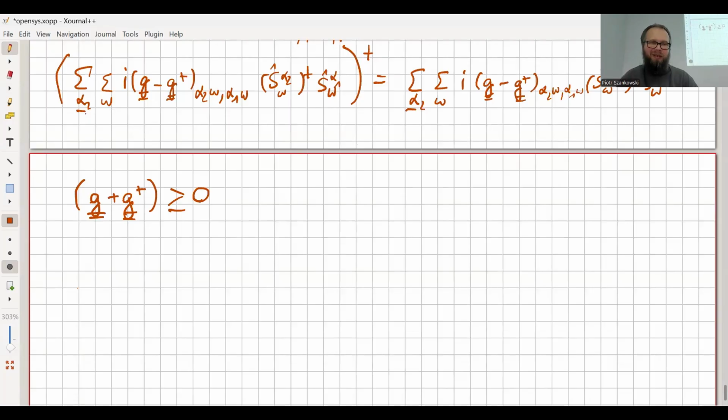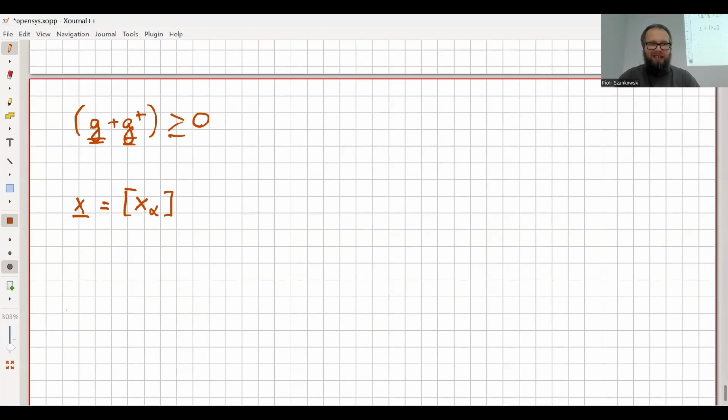If we define a vector x, which would be a column made out of coefficients alpha, and then we take x dagger times G plus G dagger times x, this is like the bra-ket average value of the operator.